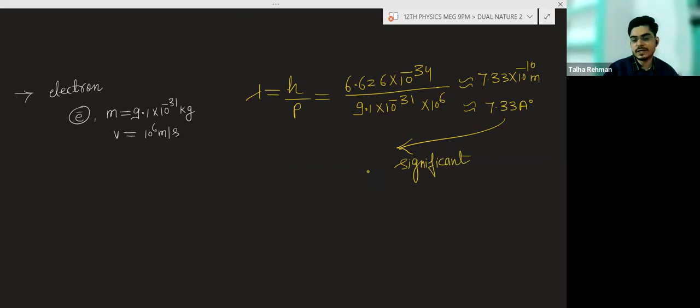So we can say that if the particle is very, very small, like an atomic particle such as an electron, then the wavelength associated with the motion of that particle will be significant.